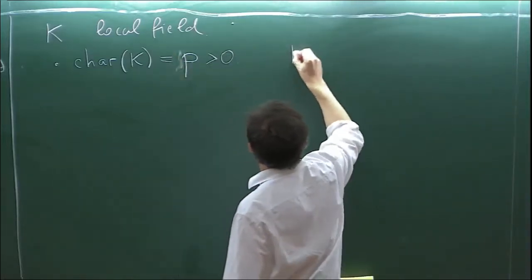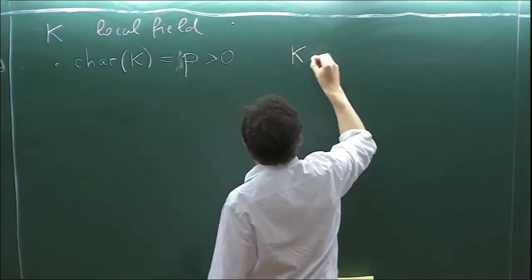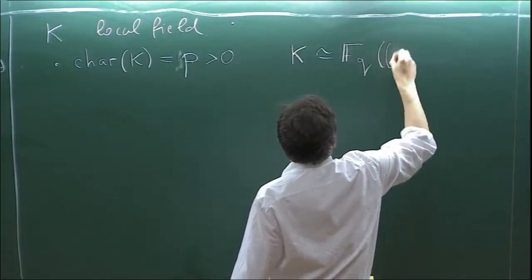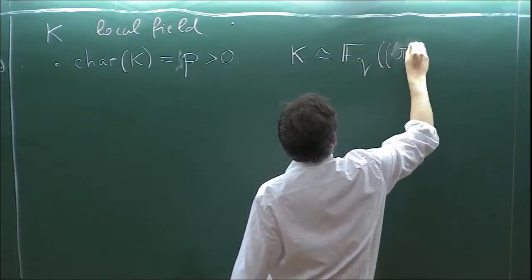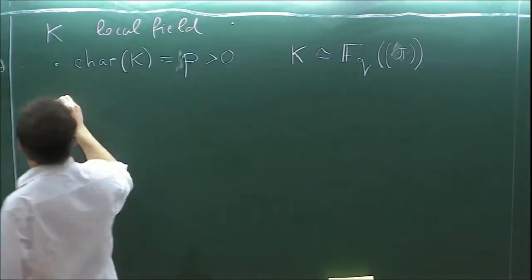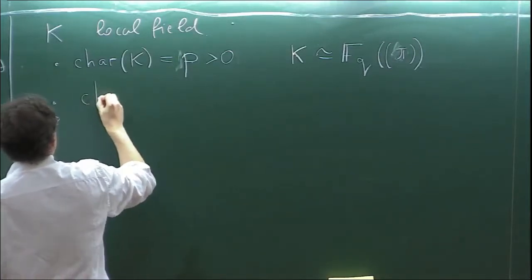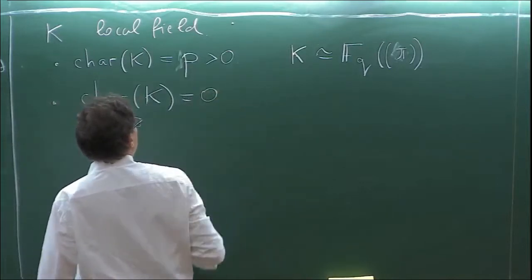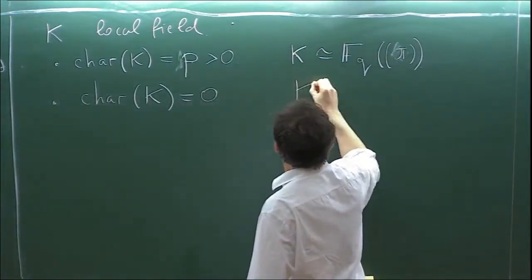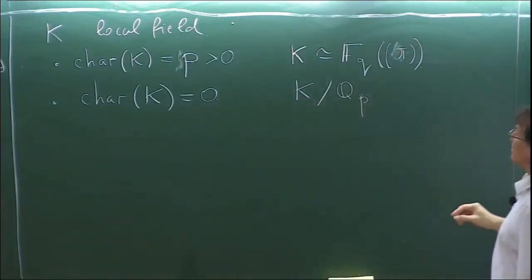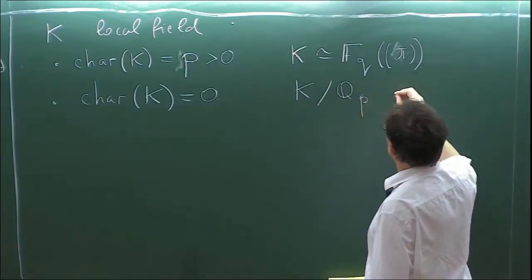In this case, K is isomorphic to the field of Laurent series with coefficients in a finite field. And the zero characteristic case, where K is a finite extension of the p-adic field Q_p.